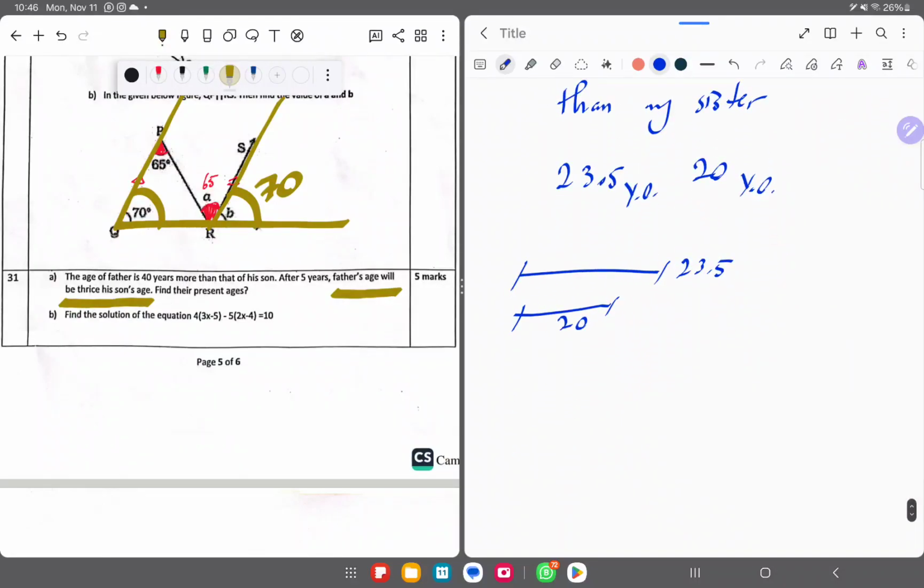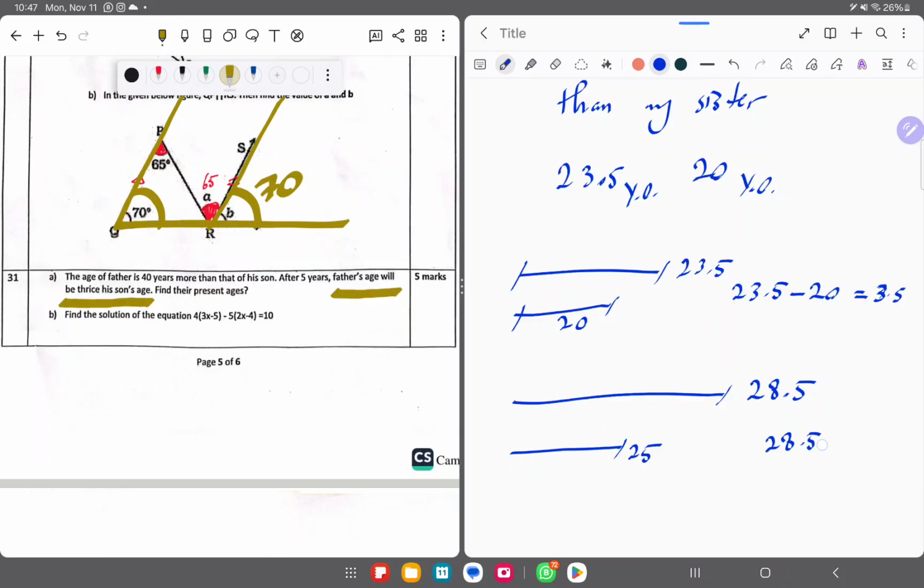Now, after 5 years, 5, 6, 7, 8, 28.5. After 5 years, 25. The difference is still the same. 23.5 minus 20 is equal to 3.5. And 28.5 minus 25 is 3.5.